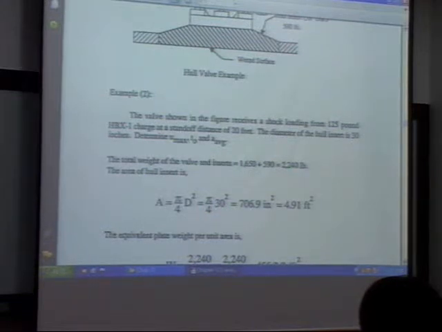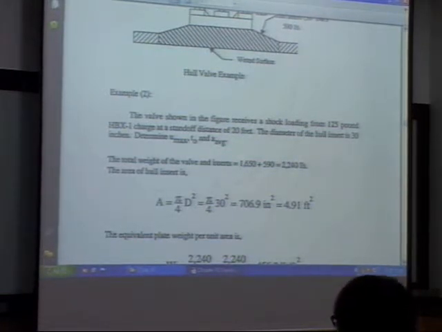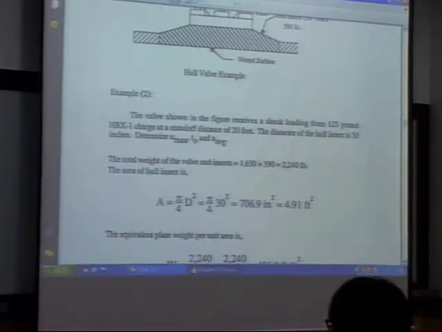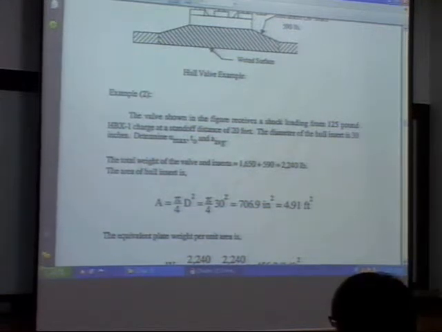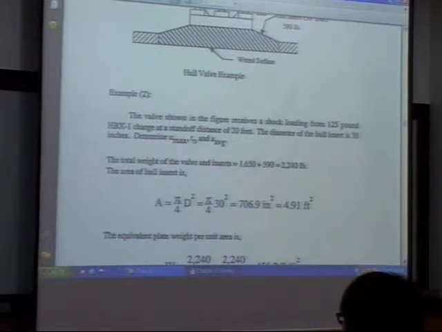So you have to decide at the beginning whether you're going to use pound, inch, second, or pound, feet, second, or kilogram, meter, second. You have to decide yourself. In my classroom I don't care unless I say use metrics. Usually in shipbuilding you're using metrics, right?